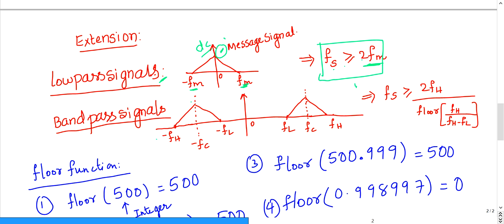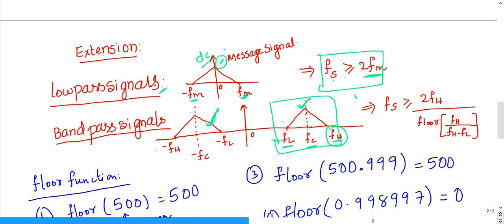Then for band pass signals, the signal will be present at a little higher frequencies, and it will have a lower cutoff frequency, a higher cutoff frequency, and a center frequency, and it will have a replica as its image. So consider one portion of the band pass signal when finding the sampling frequency, from which you calculate FH and FL.